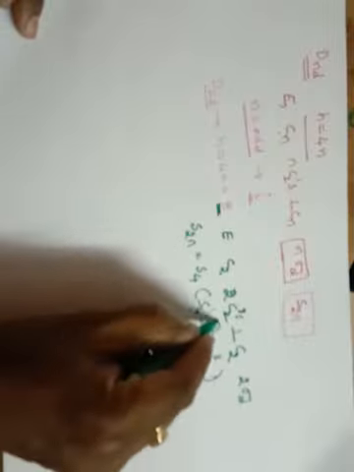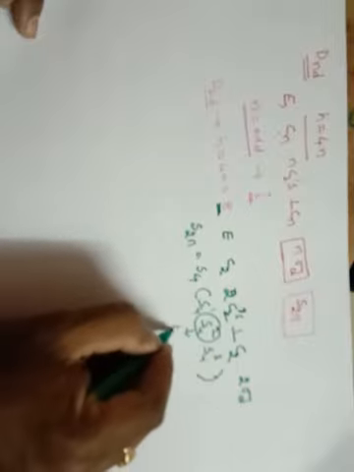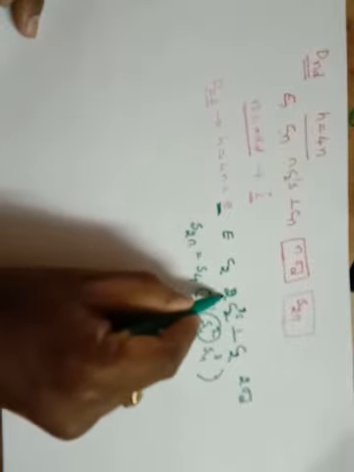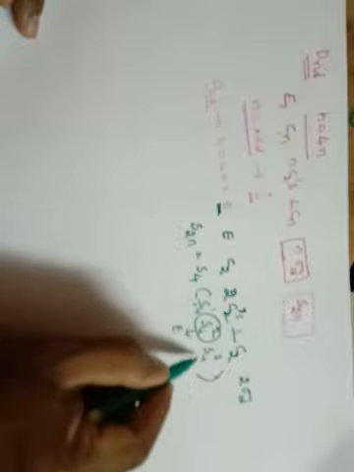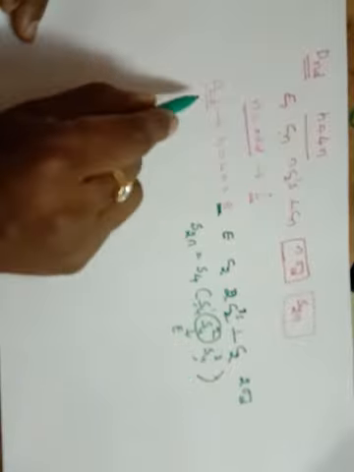Out of this, the S4^4 will be equal to identity, therefore no need of writing this. So we have 1, 2, 4, 6, 7, 8. The total symmetry elements are 8 in case of the D2D point group.